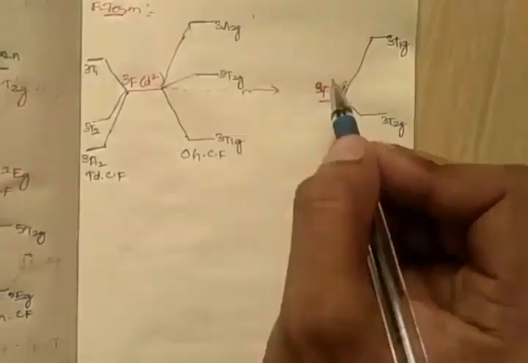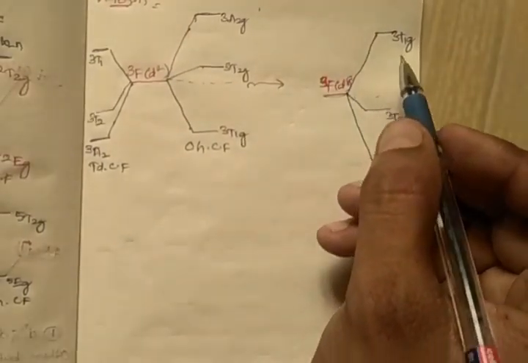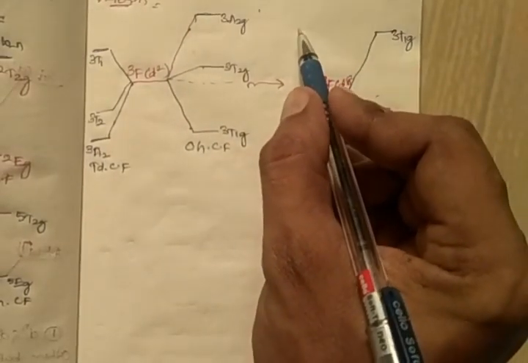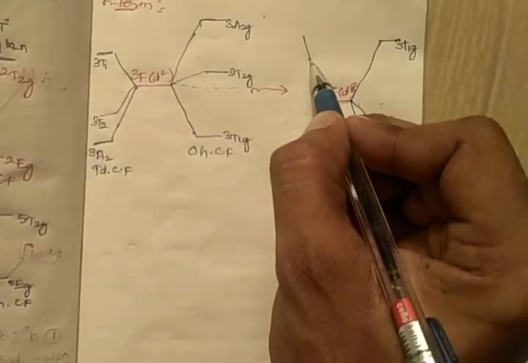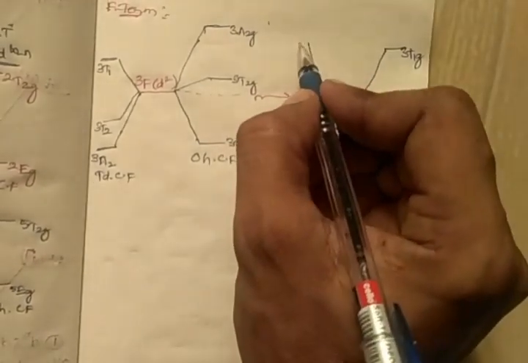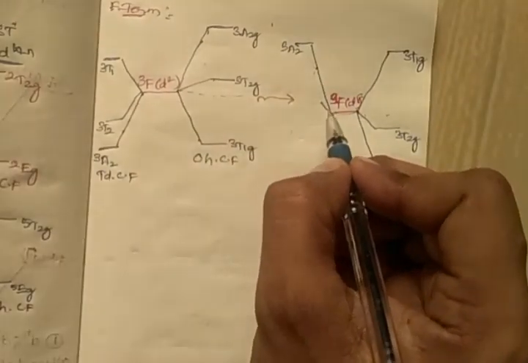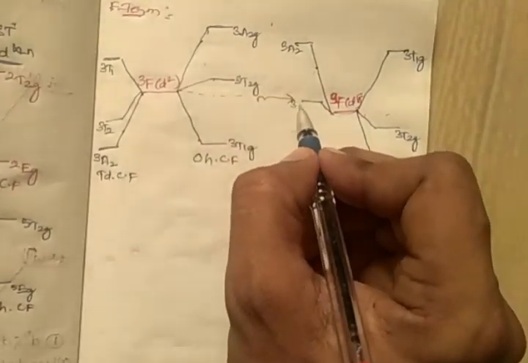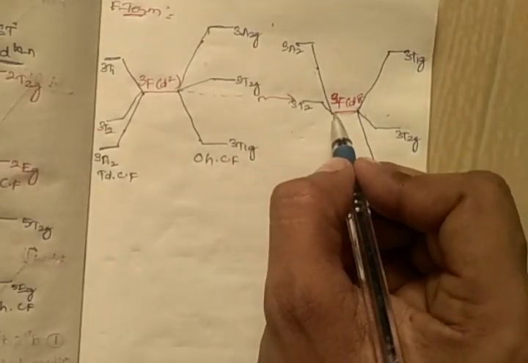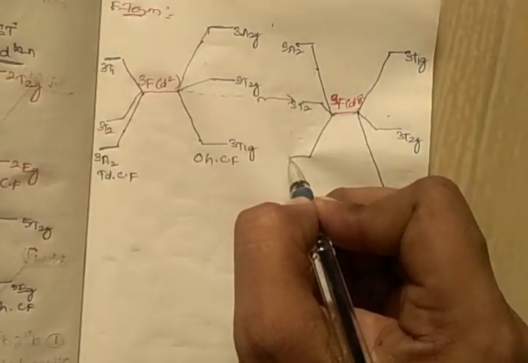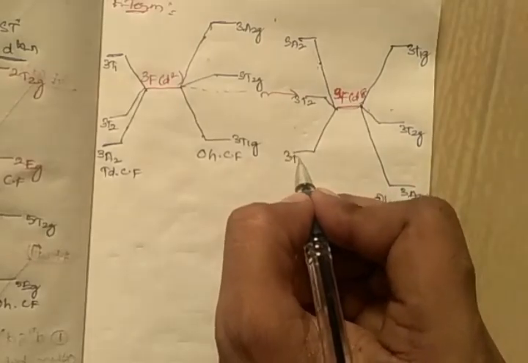This is in an octahedral crystal field. When it comes to a tetrahedral crystal field, the octahedral pattern gets reversed, where the highest energy state will be 3A2, the next lower energy state will be 3T2, and the lowest energy will be 3T1.